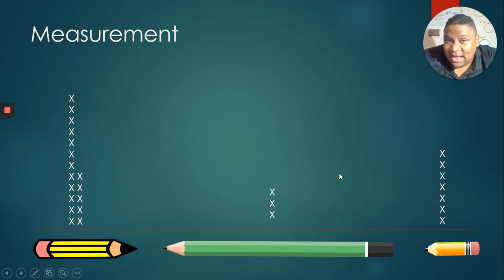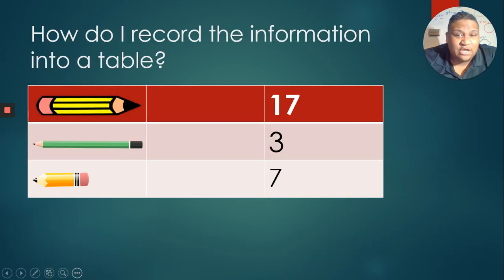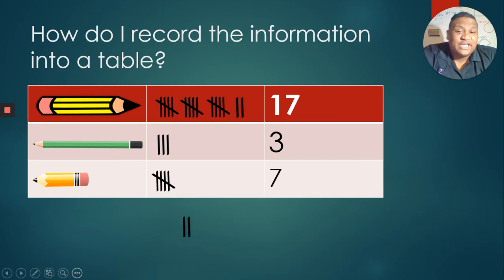Once we plot them on a line plot, then we were able to understand that there were 17 pencils that were 4 centimeters long, 3 pencils that were 9 centimeters long, and 7 pencils that were 2 centimeters long. Once we place that information on our table, we were able to now interpret.